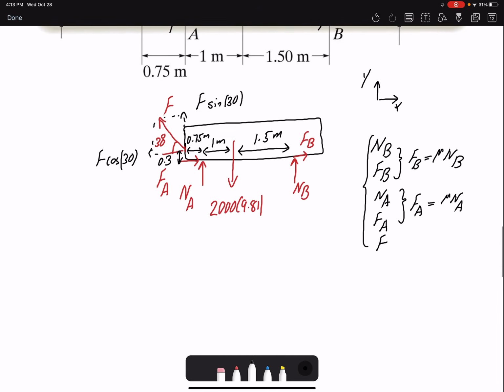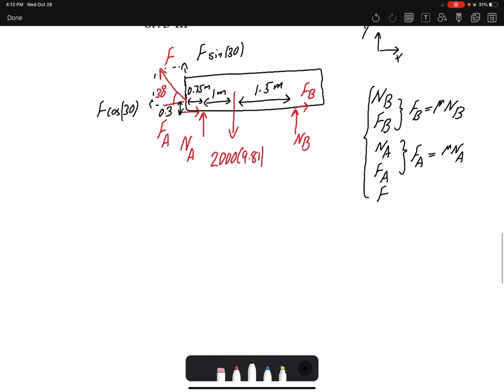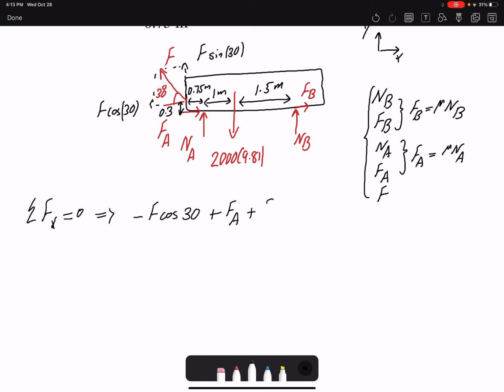So I'm going to write my equilibrium equations. Summation of forces in x direction equals 0. Therefore, I have negative F cosine 30, and I have my 2 friction forces, FA and FB. So plus FA plus FB equals 0.